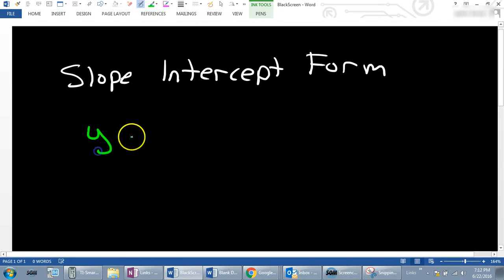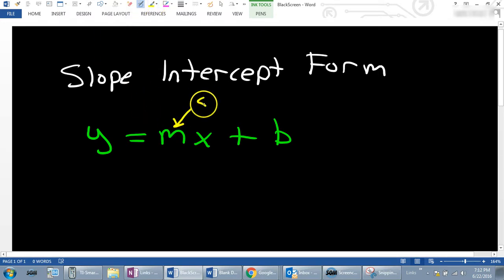Slope-intercept form is your y equals mx plus b. Okay, and so in this form, m is the slope and b is the y-intercept.